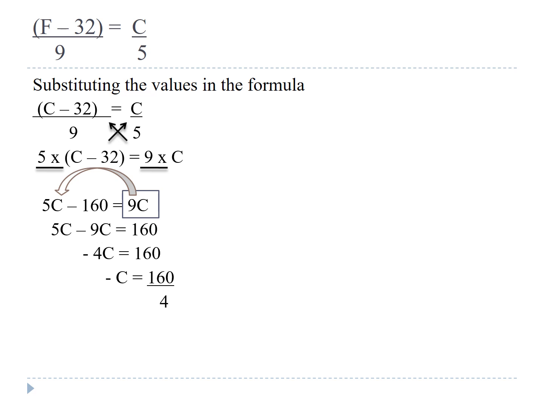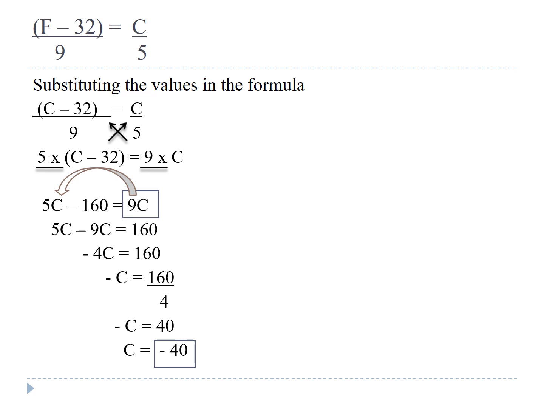Okay, now if you go to divide it, you understand that the value is minus C is equal to 40. Now it is minus C is equal to 40. So what will C be? C will become minus 40. Okay, so what have you got? You have got that the temperature in Celsius, when you say that the temperature is minus 40 degrees Celsius, you will say that Fahrenheit is also that much.